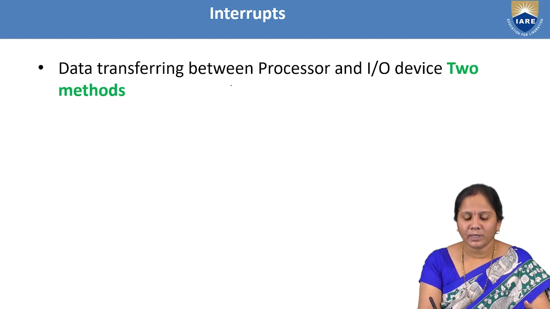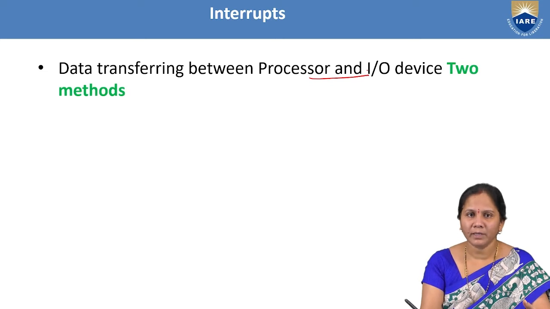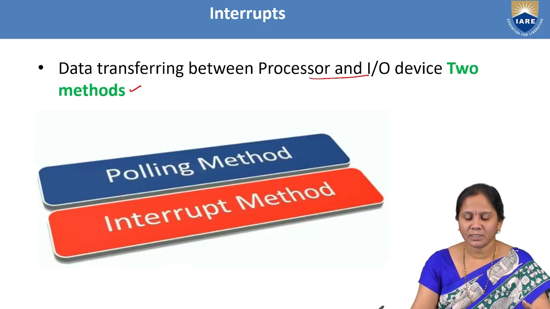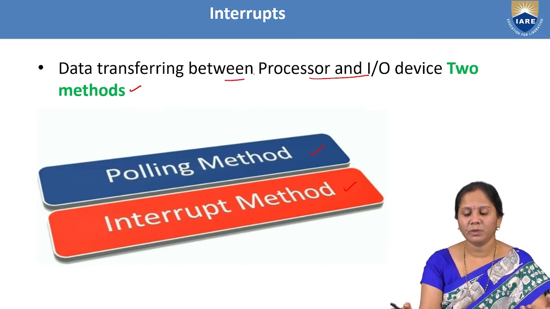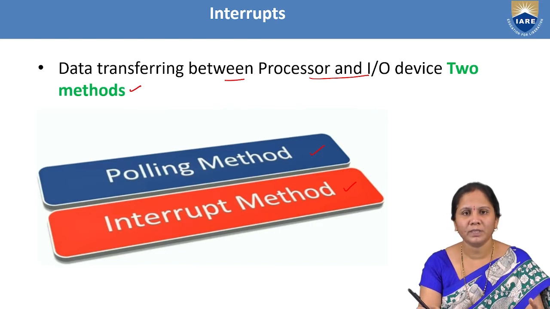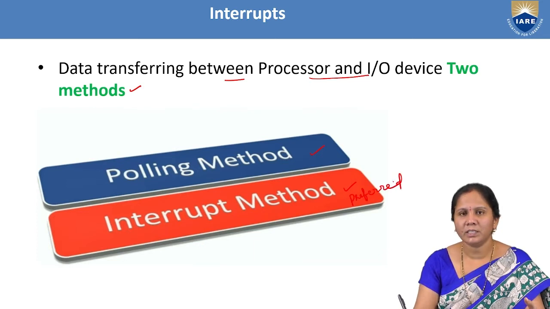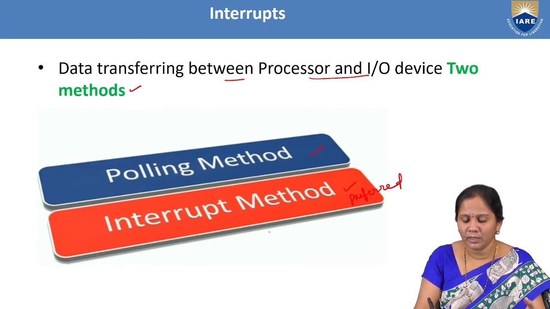Next, data transfer between the processor and IO devices happens by two methods. One is the polling method, another is the interrupt method. Though there are two methods, the interrupt method is preferred.